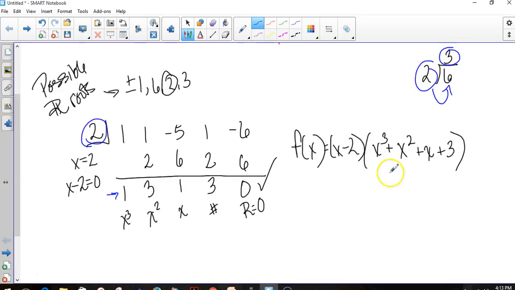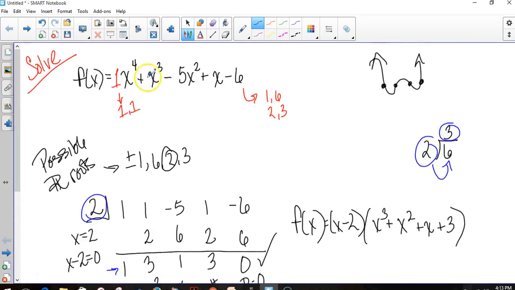Okay. Now I look at this leftover piece and I say, can I factor you? And no, I don't know how to factor that thing. So I'm going to have to go back to my list of numbers. Now the 2 is already out, so it can't be a 2 the next time, but it could be the negative 2. But I already know where to go look for some more solutions.